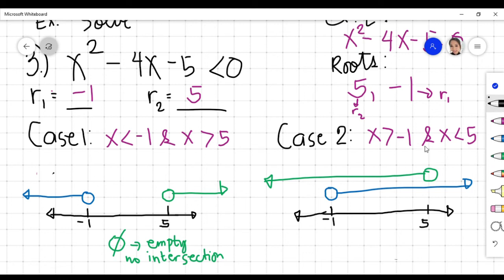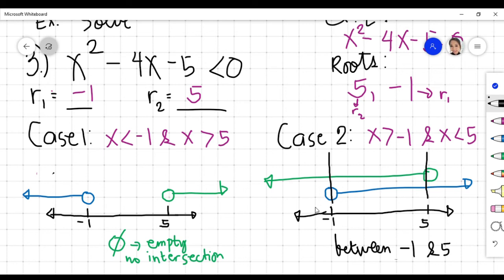So notice that they intersect only on this part, between negative 1 and positive 5. So our intersection would be between negative 1 and 5.